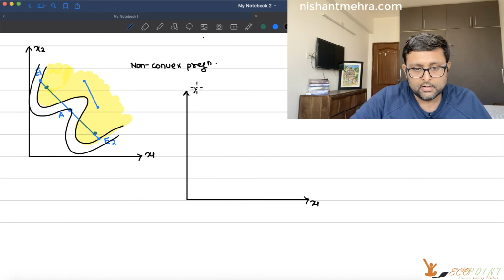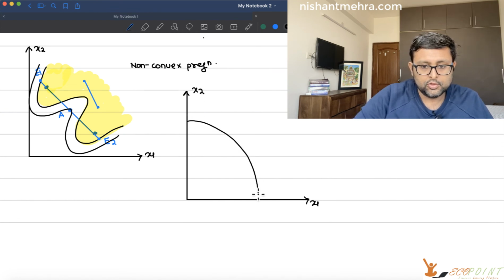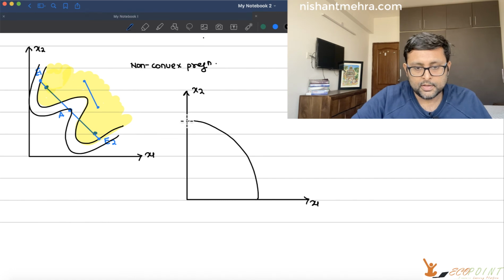So you have x1 here, you have x2 here, you have this thing here, and so these are concave preferences, and you pick them. You've picked up two extreme bundles, E1 and E2.